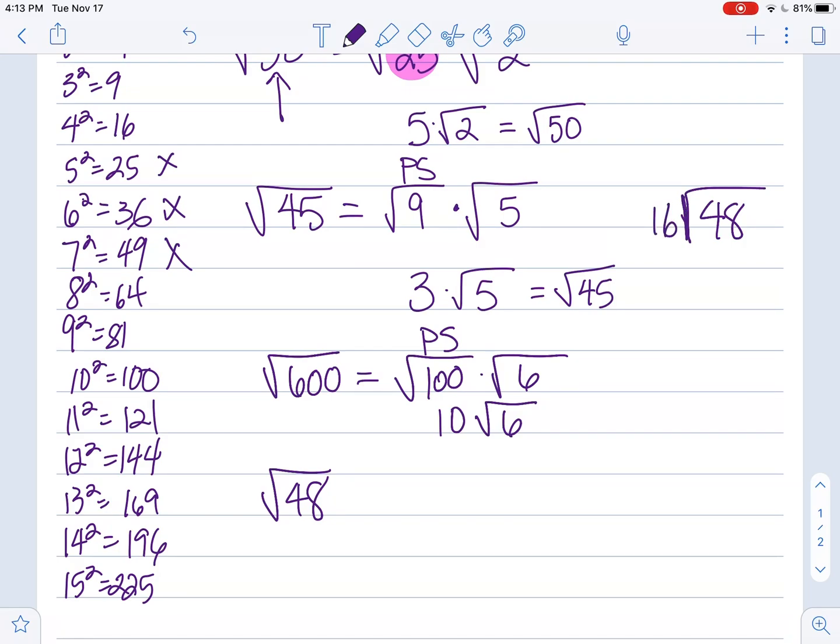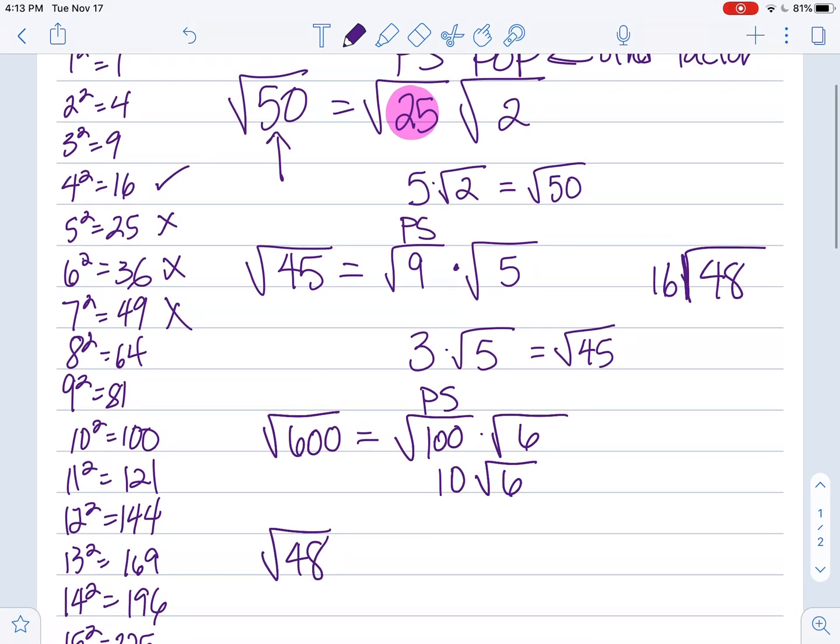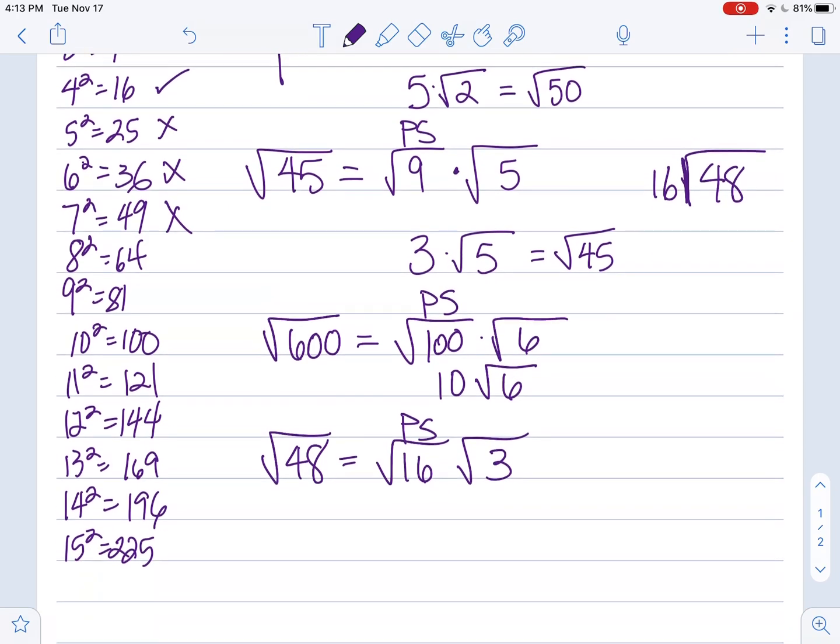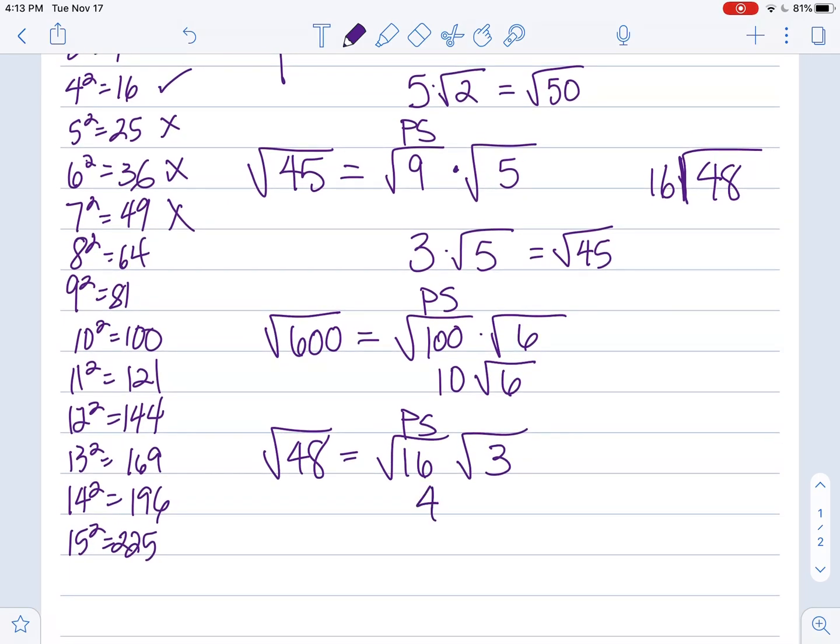If I put that in my calculator, it gives me 3. So that works. You could do 4, but 4 is not the largest perfect square. So if we do 16, my PS is 16. 16 times 3 gives us 48, and the square root of 16 is 4, so 4 square roots of 3.